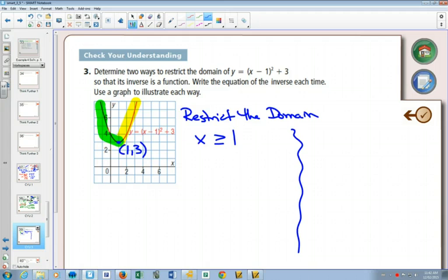And generally, if we restrict the domain as bigger than or equal to 1, when we restrict it the other way, we don't include the equal sign. But it doesn't matter where that is. It's just so that you don't use 1 twice in both of them.